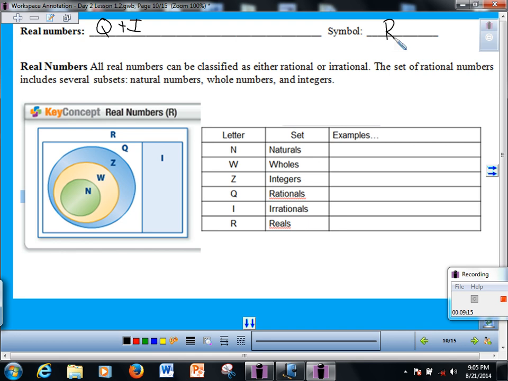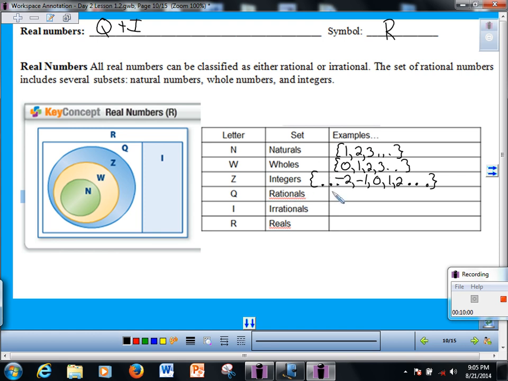Just as a form, if it's a natural number, it looks like this: 1, 2, 3, and so on. If it's a whole number, 0, 1, 2, 3, and so on. If it's an integer, that's our -2, -1, 0, 1, 2, and they continue in both directions. So if something's a natural number, it's also a whole number. It's also an integer.